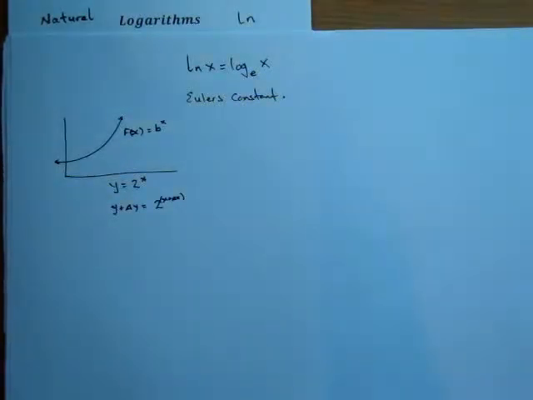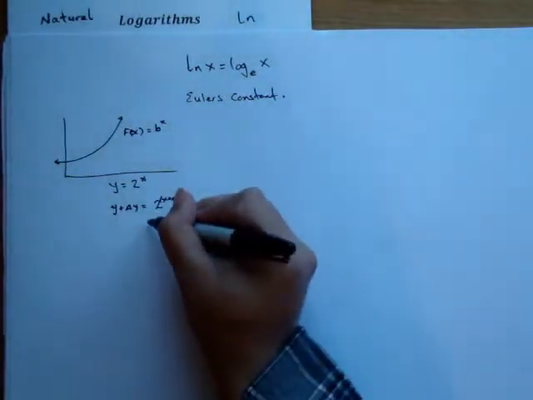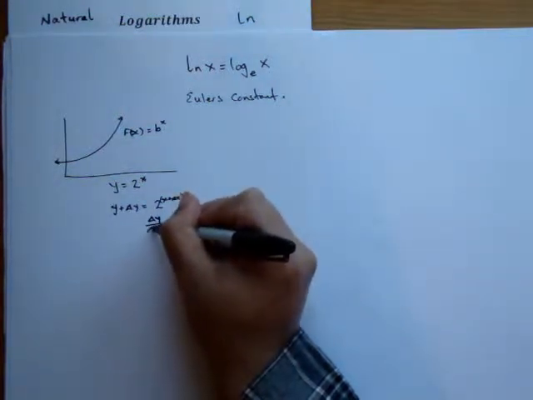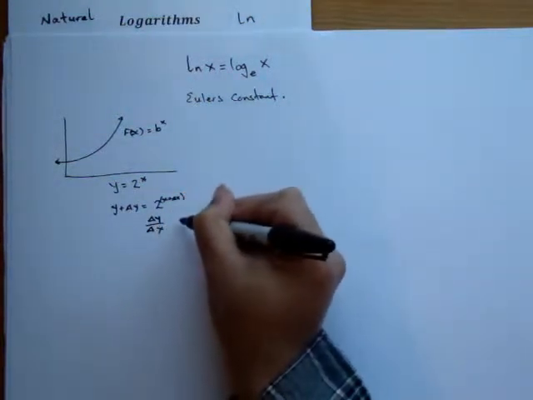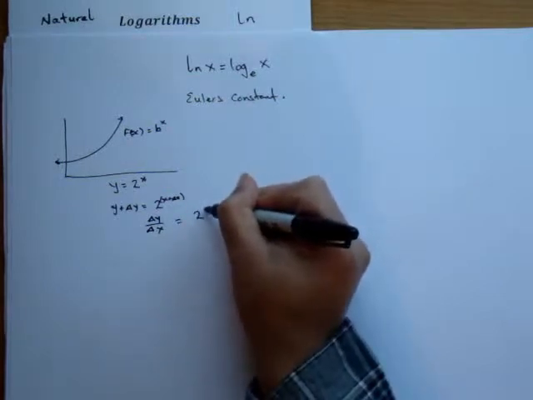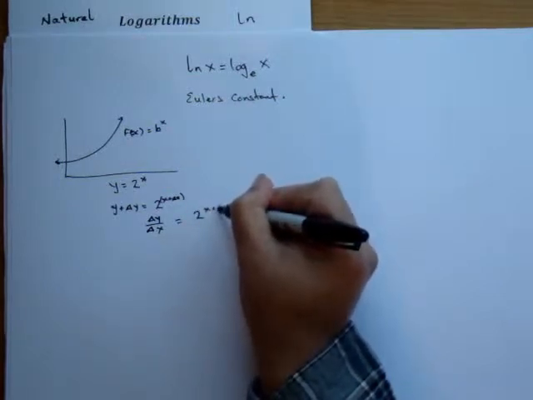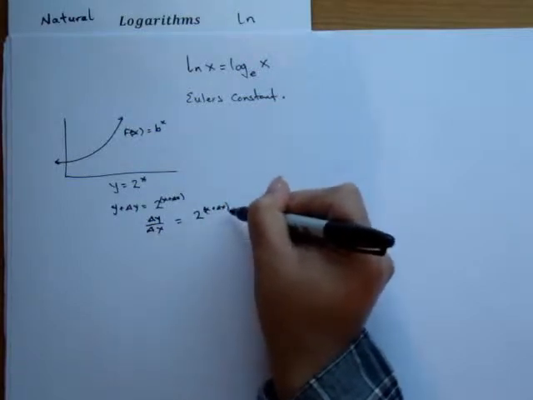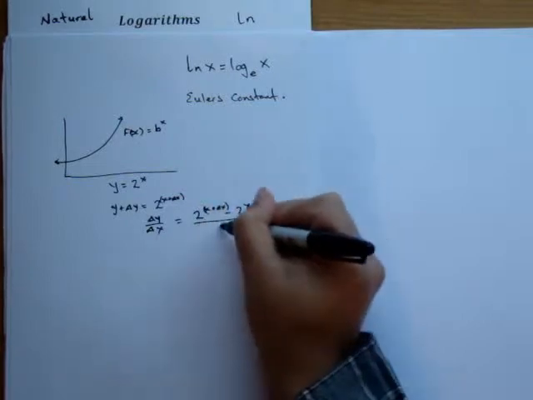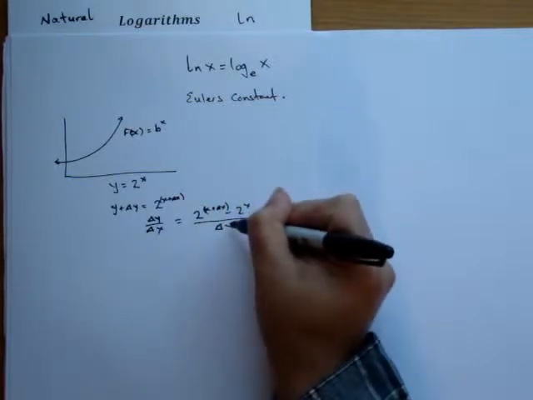Then delta y over delta x equals 2 to the x plus delta x minus 2 to the power x, all over delta x.